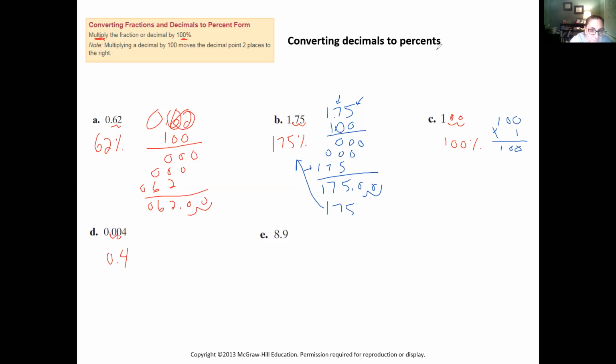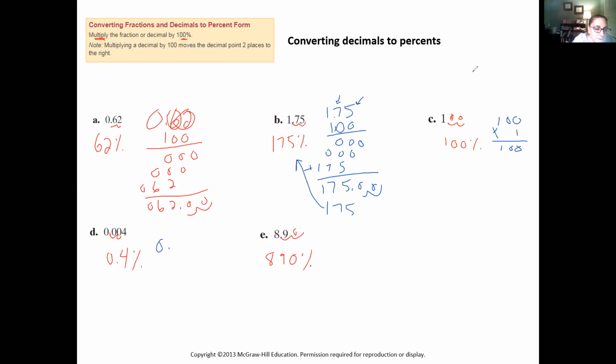And for this one, 1, 2, 890. And I don't have to keep showing you how to do the blue. It'll be your decision which method you want to use.